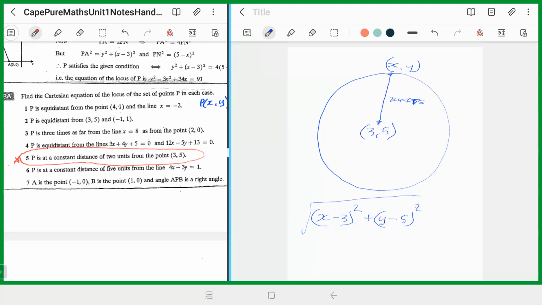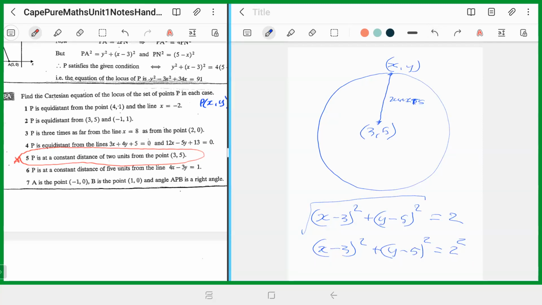Square root of that is the length of that line now. That is always equal to 2. I square both sides, I get x minus 3 squared plus y minus 5 squared equals 2 squared. See? That's the equation of a circle where the center is 3, 5 and the radius is 2.